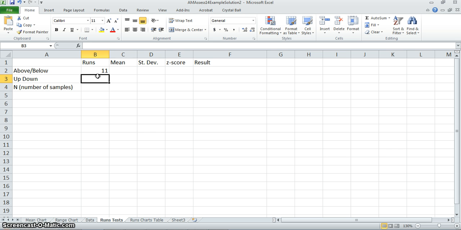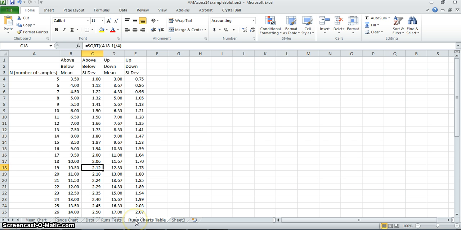We also need the mean and standard deviation for runs above and below the center line. These are provided on the table posted with this week's lesson. We have 20 samples in this data set. So if I go over to this tab called Runs Charts Table, find 20 as the number of samples, and then find the mean and standard deviation, I'm going to focus in on this row.